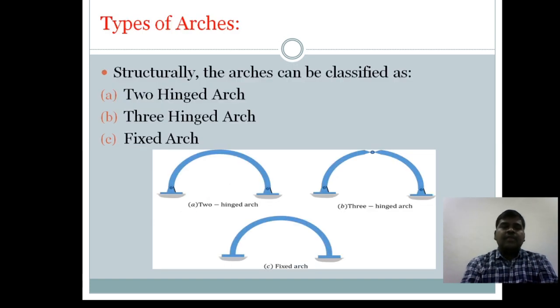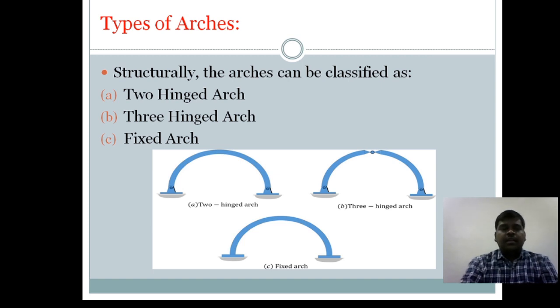Coming to the types of arches, depending on the material used, the arches are classified, and also depending on the necessity, the arches are classified. But here structurally the arches can be classified as two-hinged arch, three-hinged arch, and also fixed arch.